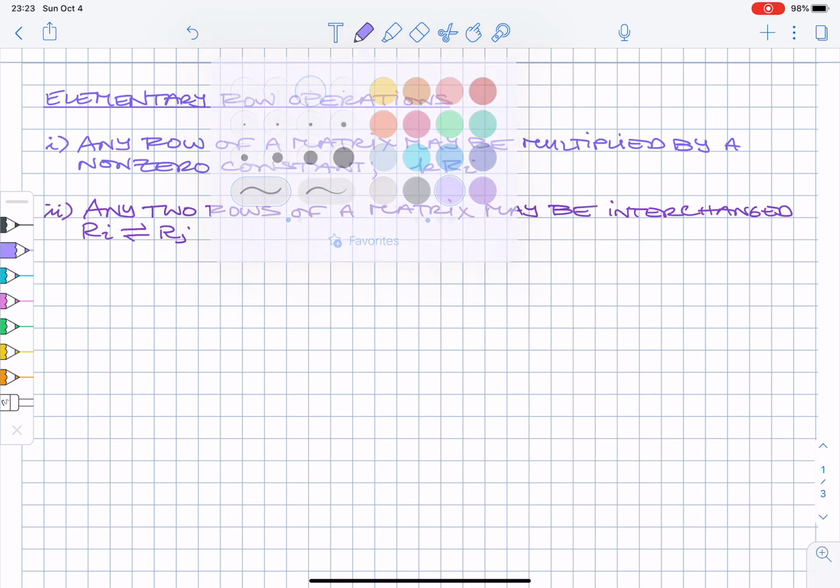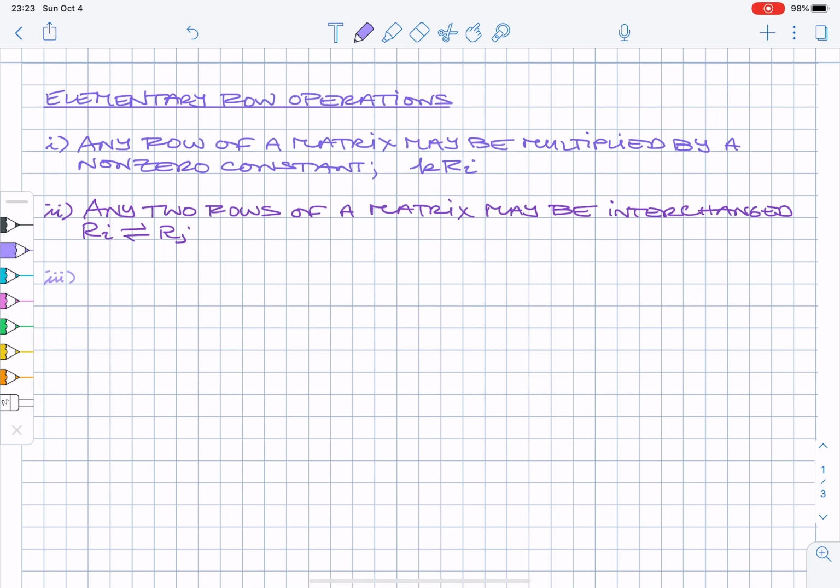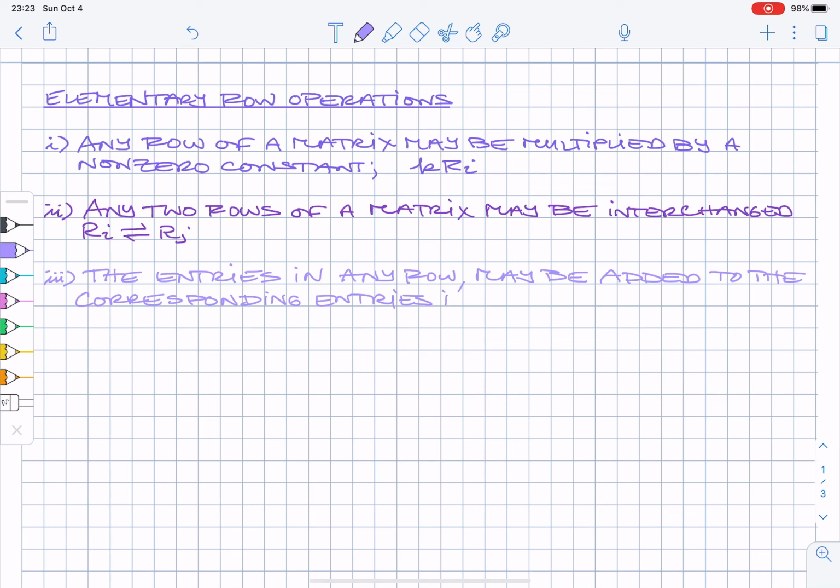And last but not least, number 3, the entries in any row may be added. And by added, I mean also subtracted, added to the corresponding entries in any other row.